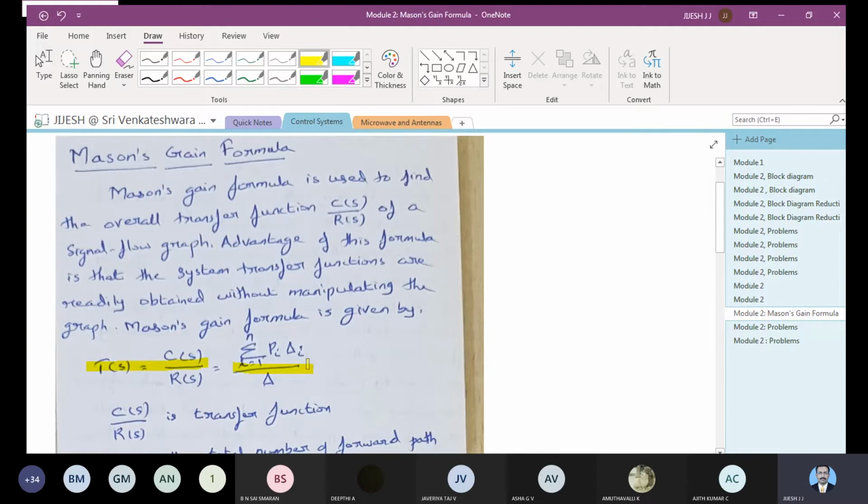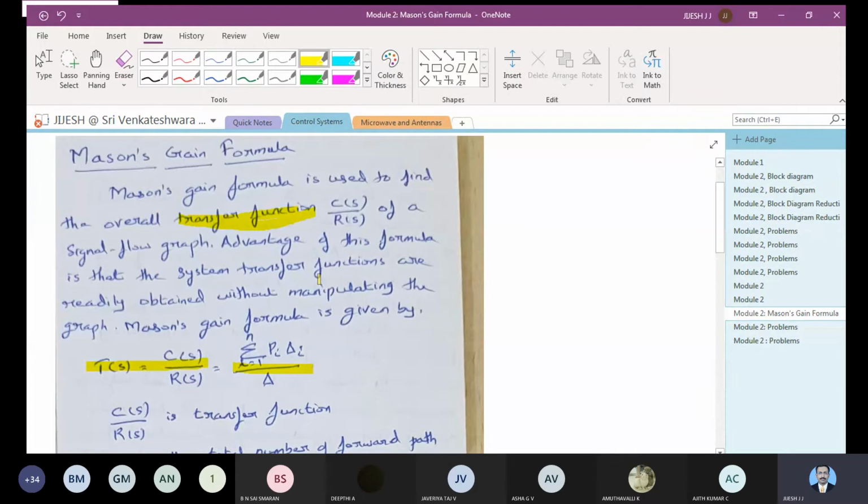Unlike block diagram reduction, we are not going to reduce steps. From the question itself, we are going to write the forward paths, their path gains and loop gains, and solve it further.